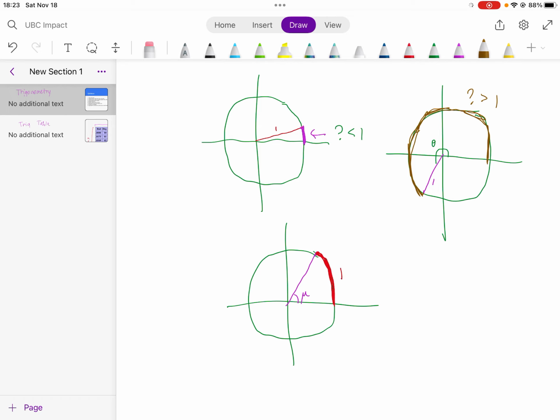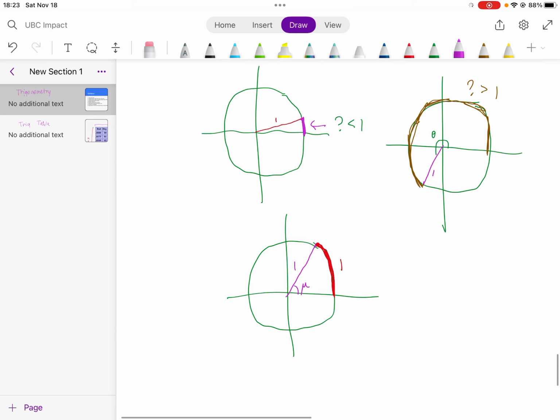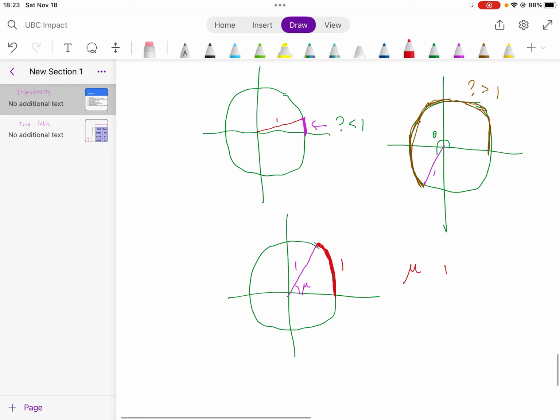Because we know that the purple line is equal to 1. And if we can find the magical angle where the arc length is also 1, that magical angle is called a radian. So mu is called radian.